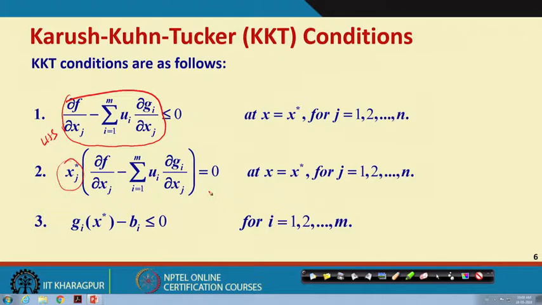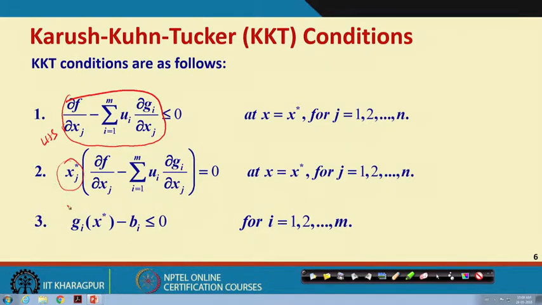That means either the first condition is an equality or xj star equals 0. That is what the second condition says.